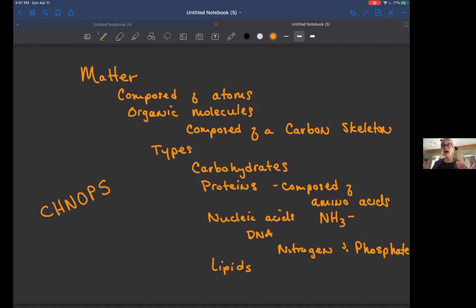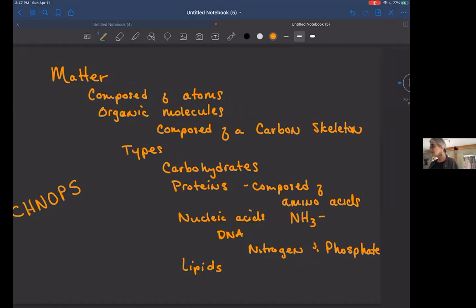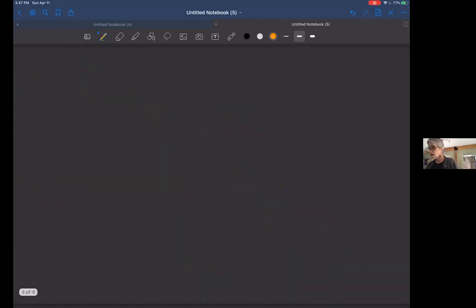Now, we also have some other nutrients that are referred to as trace nutrients, or trace elements. And these would include, say, for example, iron. So where do we need iron in our bodies?